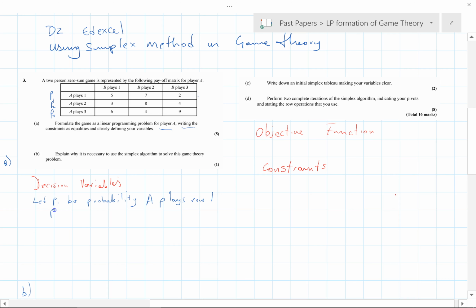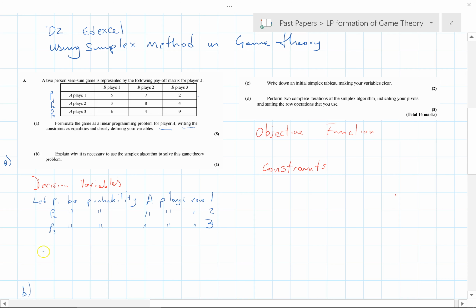Let P2 be the probability A plays row 2, and P3 be the probability A plays row 3. Okay, so that's the probability bit.